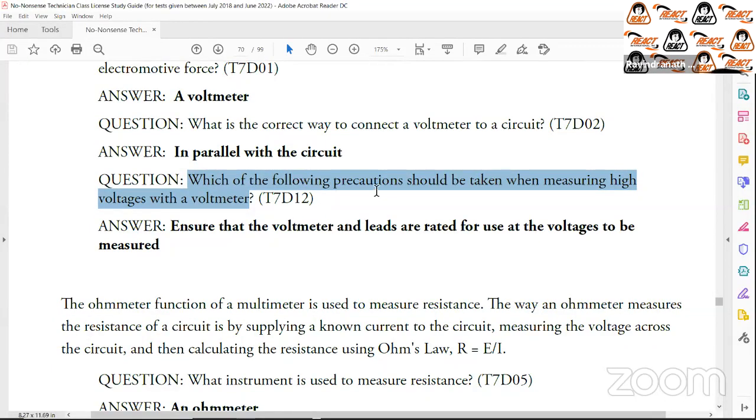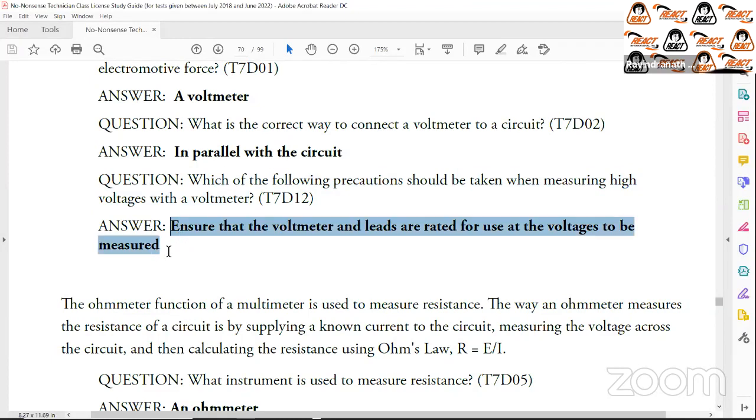Which of the following precautions should be taken when measuring high voltages with a voltmeter? Right, so this is a safety question. What precautions should you take? We need to ensure that the voltmeter and the leads are rated for the voltages to be measured. Don't go and try to measure 2 kilovolts with a device that's just rated at 600 volts.